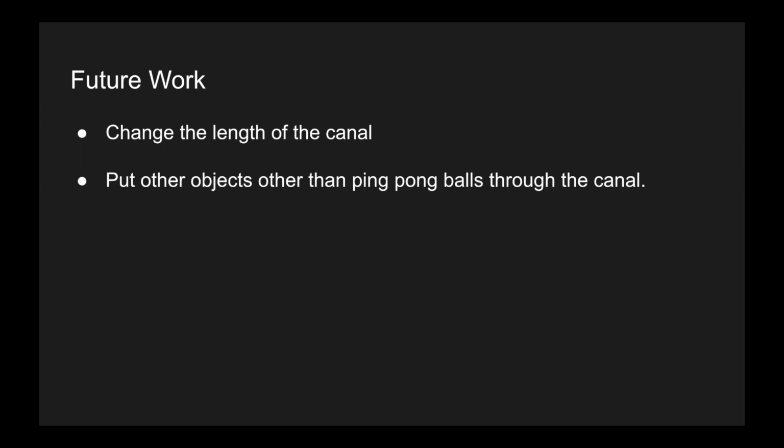Keep the width the same, but change the length of the canal to see what happens. If you just change the length, you probably know the shorter one would go faster. Or maybe have two different widths and two different lengths, and see what happens with that.